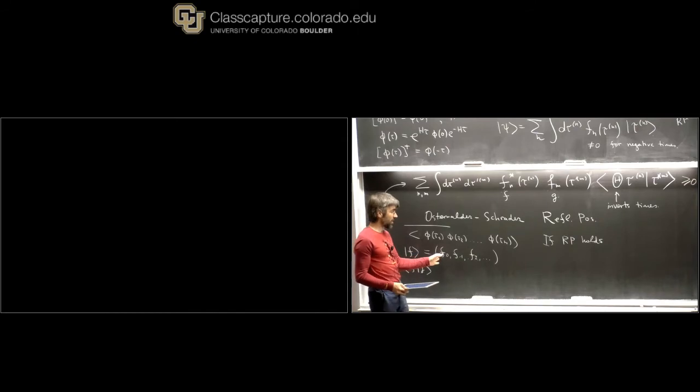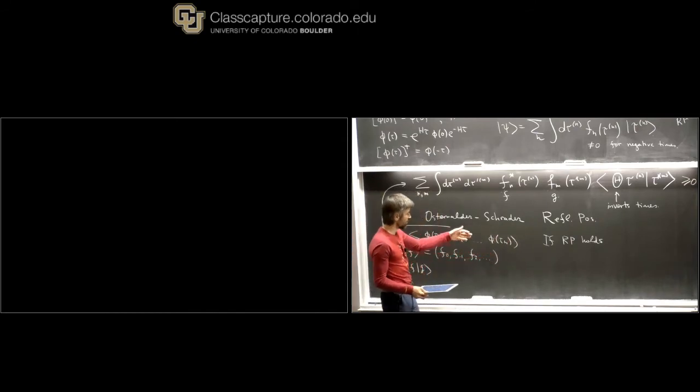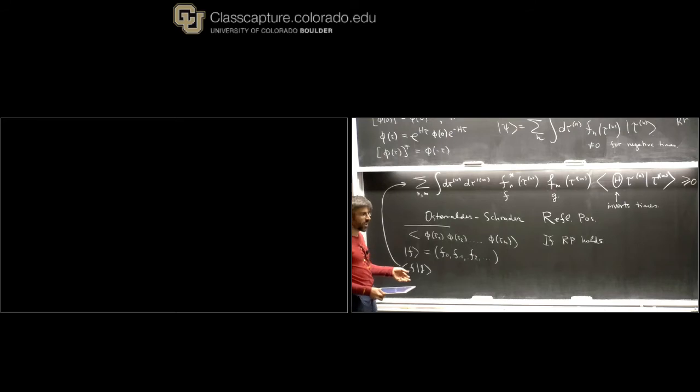For example, I can start with finite sequences of functions, and I go to infinite sequences of functions. I get the complete Hilbert space. This is my Hilbert space. So I can construct the Hilbert space starting from just correlation functions. This was the idea of Osterwalder and Schroeder.